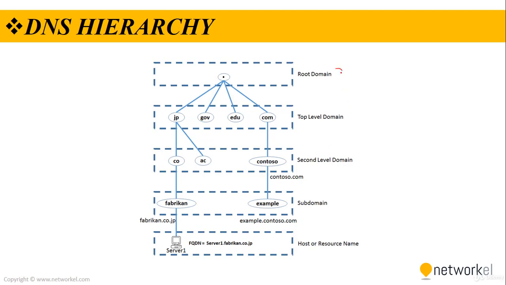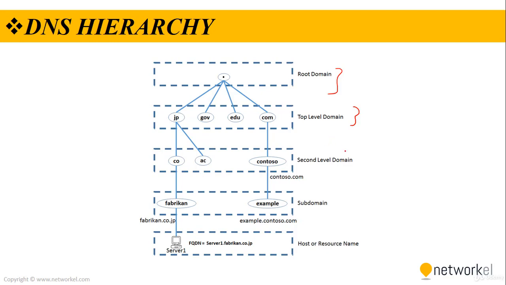A period or dot is the designation for the root domain. Below the root domain are the top level domains that divide the DNS hierarchy into segments like .edu for educational organizations, .gov for government agencies, .com for commercial organizations, etc.